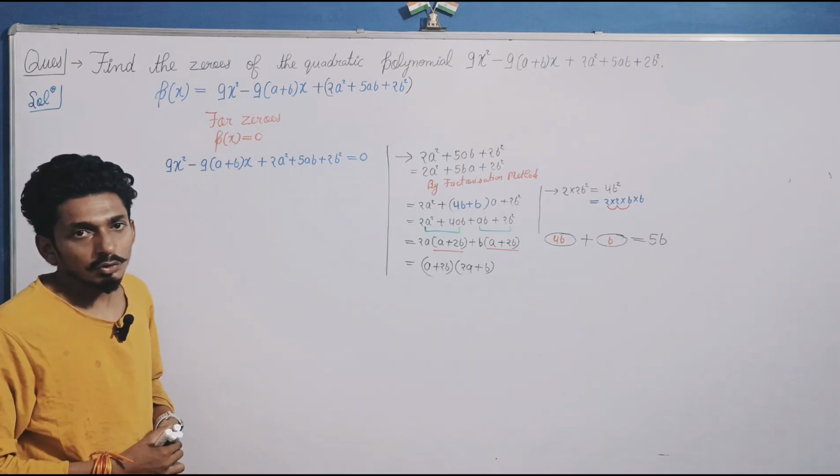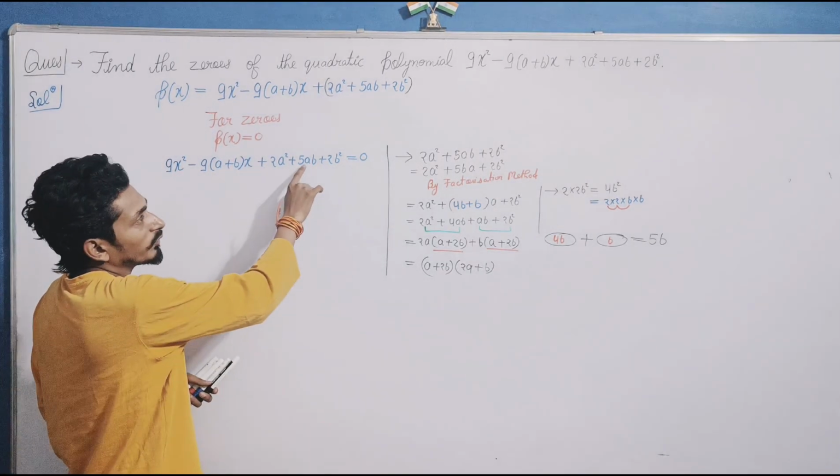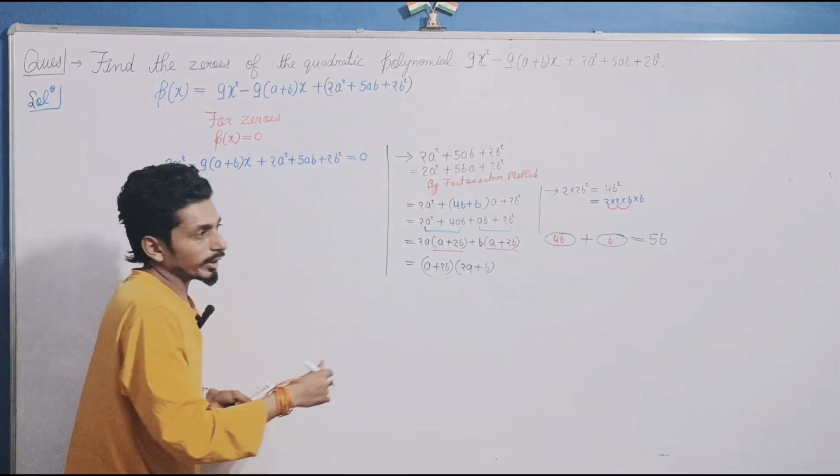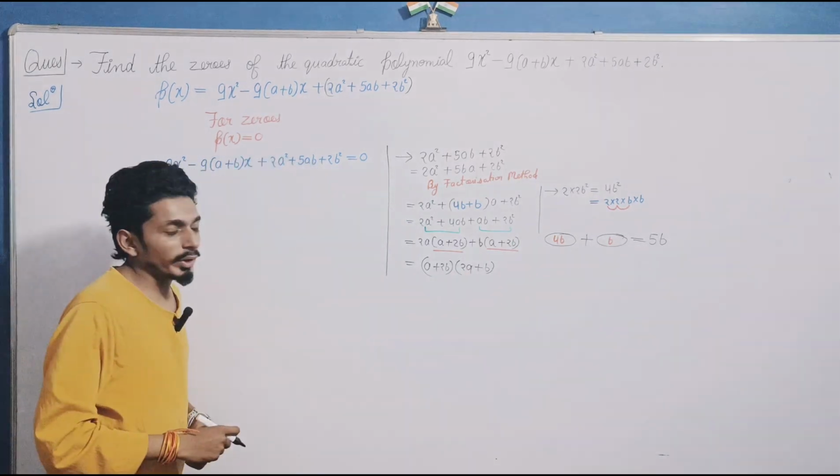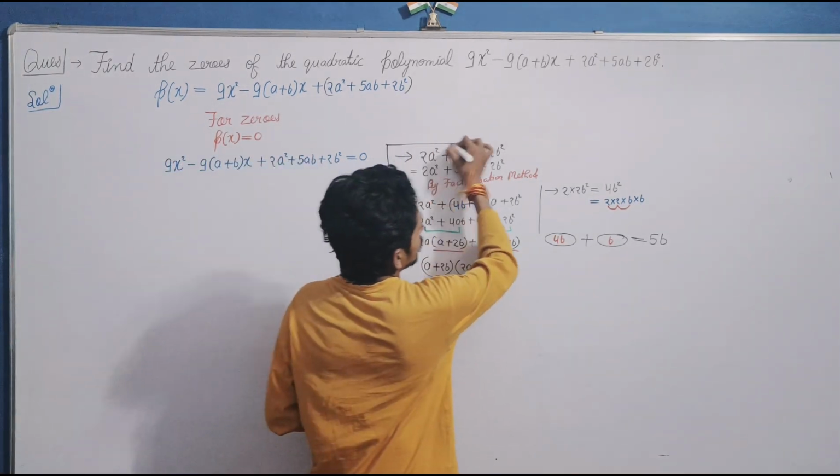Yes or no? So 2a square plus 5ab plus 2b square can be written as (a plus 2b) into (2a plus b). Yes or no?